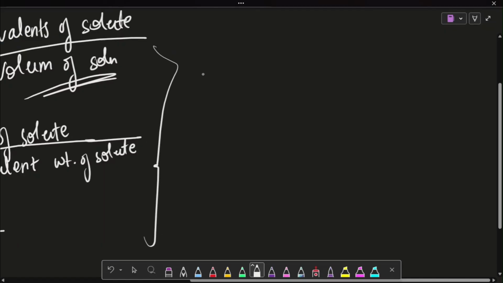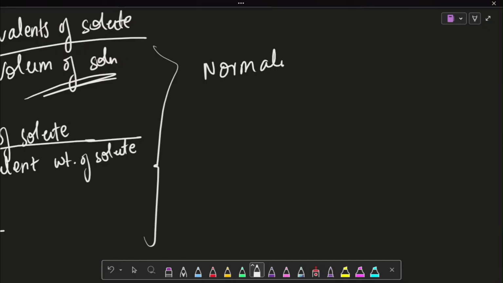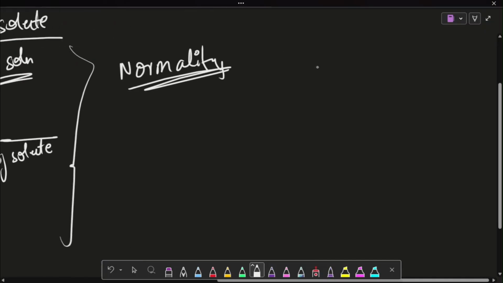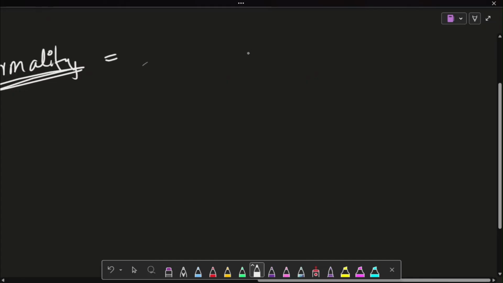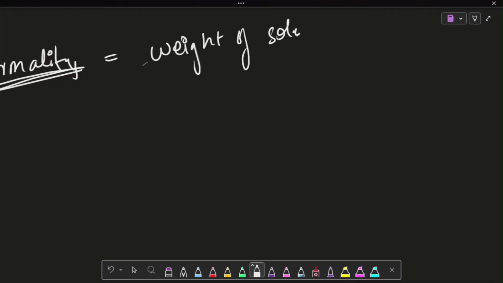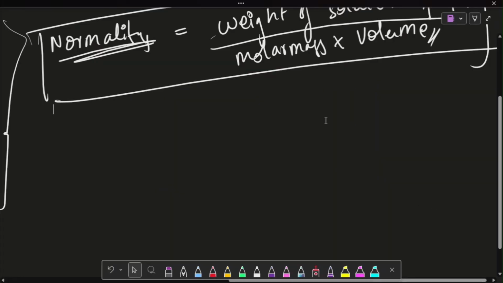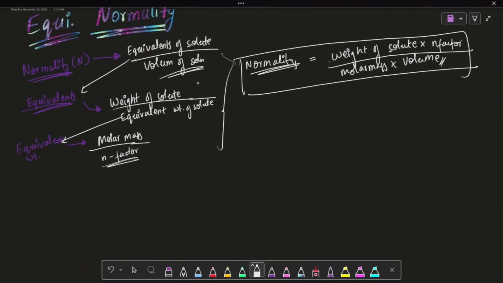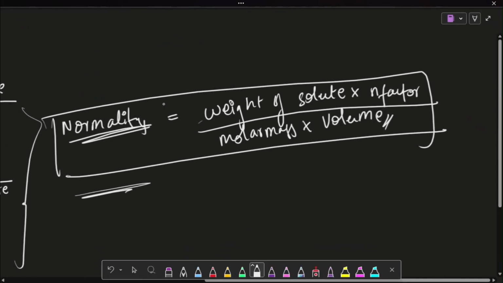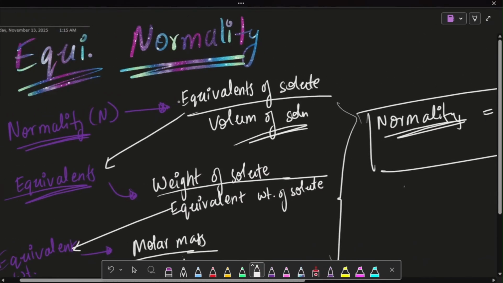You will have normality equals weight of solute times n factor upon molar mass times volume. So from these three formulas, this is the conclusion that we can draw. Just try substituting it by yourself.